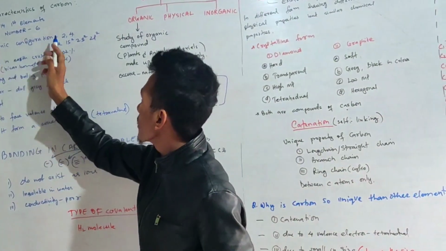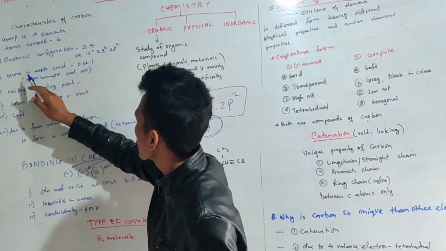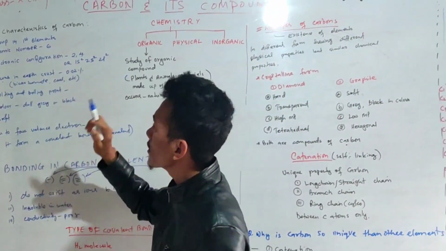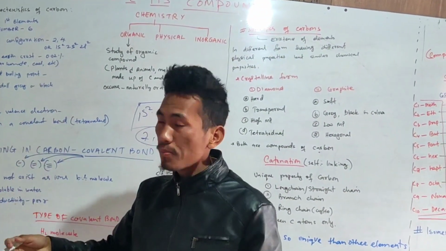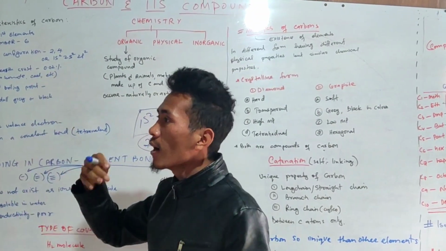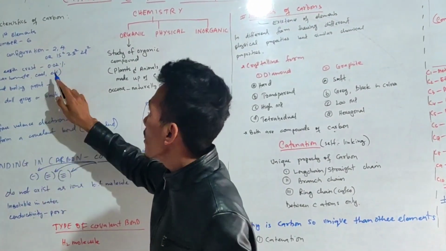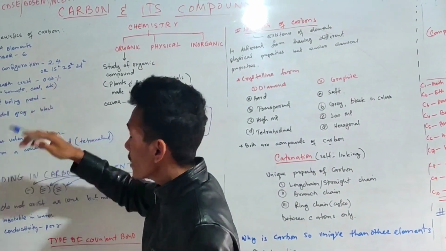Carbon occurs mainly in the earth's crust.